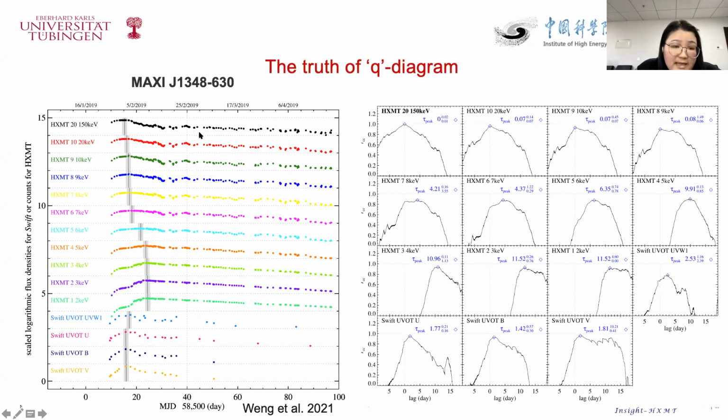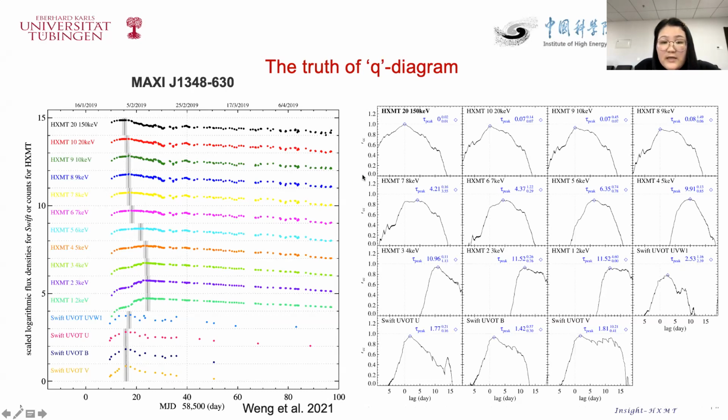They extract light curves from different energy bands, even from UV and optical data, from Insight-HXMT and UVOT. They extract the light curve from dozens of energy ranges, and compare to the shortest wavelength, which is HE 20 to 150 keV.